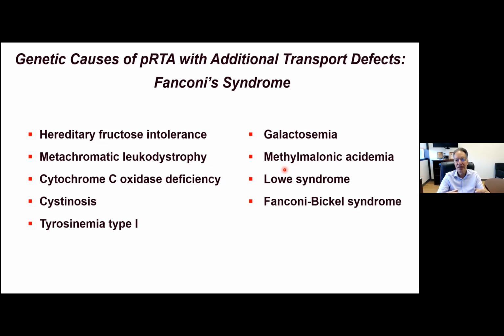But the bottom line is there's more than just a bicarbonate reclamation defect. And these are some of the diseases that are involved, but they all have in common an abnormality in bicarbonate transport. In most of these, the abnormality in bicarbonate transport at the molecular level has not been determined. We don't know which of the transport machinery that I just described is affected.